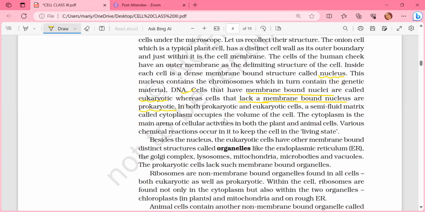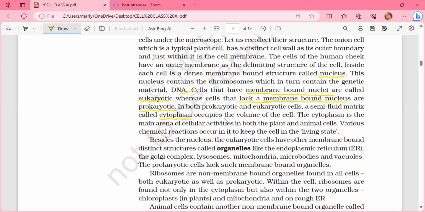In both the prokaryotic cell and the eukaryotic cell, there is a semi-fluid matrix, which is basically the arena of all the cellular activities, and that part is known as the cytoplasm of the cell. It is there in plants, in animal cells, and in prokaryotes and eukaryotes both.